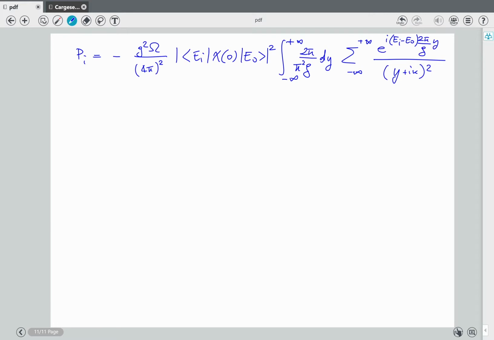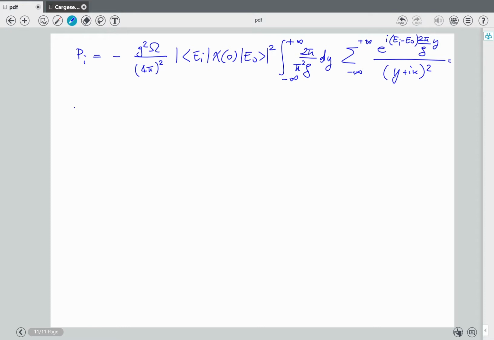We do not need to write the infinitesimal contribution due to epsilon in the exponent, because that is no longer needed. And now we apply the residue theorem.